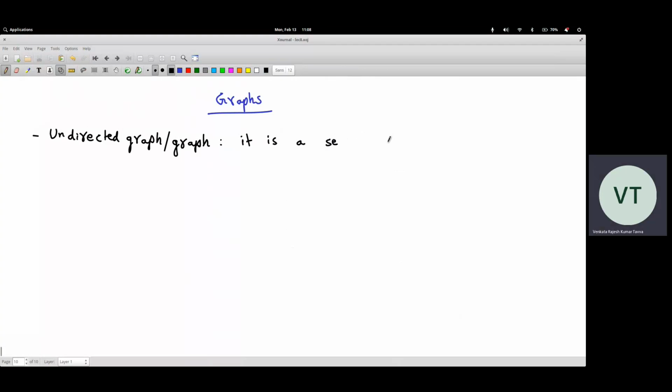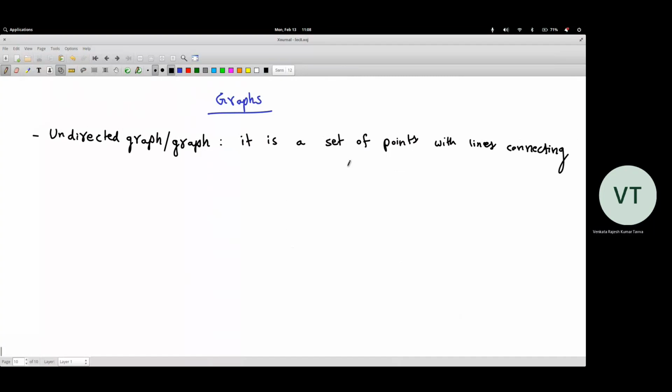It is a set of points with lines connecting some of the points.